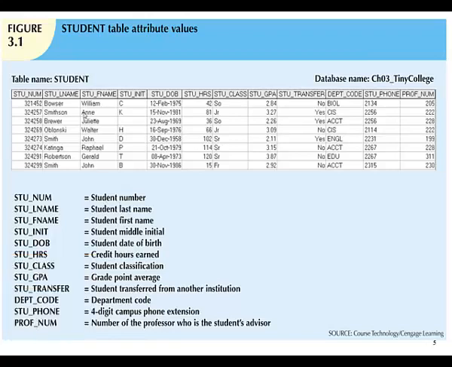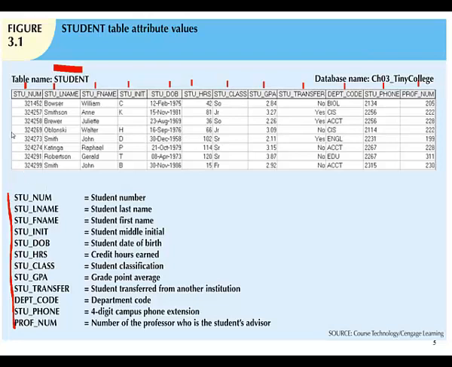And our relation, our table is student, and it has this set of columns: student number, student last name, student first name, student initial, student date of birth, student hours, student class, student GPA, student is a transfer, department code, student phone number, and professor number. So those are all attributes of the relation student, or columns of the relation student.